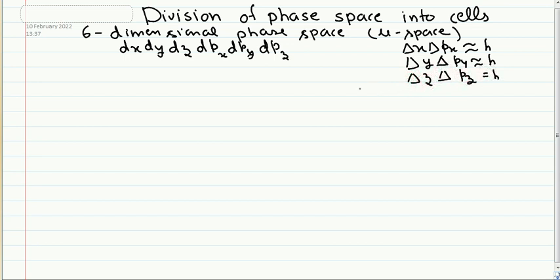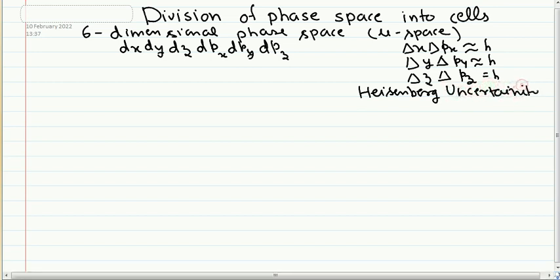This is the Heisenberg uncertainty principle. Uncertainty principle means this will be greater than or equal to h. So now I am taking it equal to h.